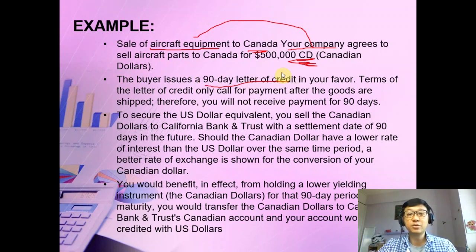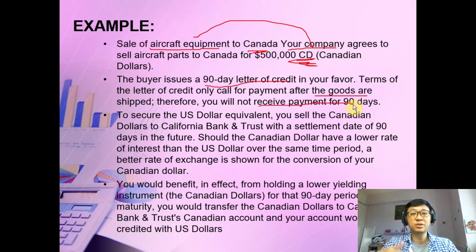Which means you deliver the goods, and you only receive the payment 90 days later. So you deliver machinery, and then you invoice them. They have up to 3 months to pay you back. Of course you try to shorten that as much as possible.